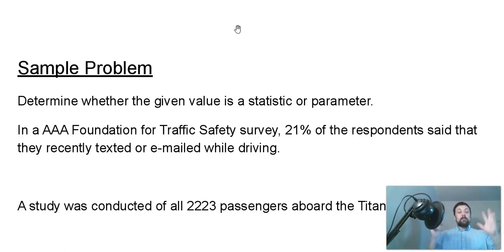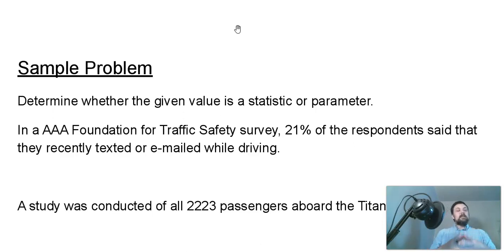Right? So for this to be a population that we're talking about, the survey would have to have reached every driver, and every driver would have to have responded for it to be considered data from a population. So surveys are generally regarded as data collection from a sample, and that it's not reaching every person in the population.